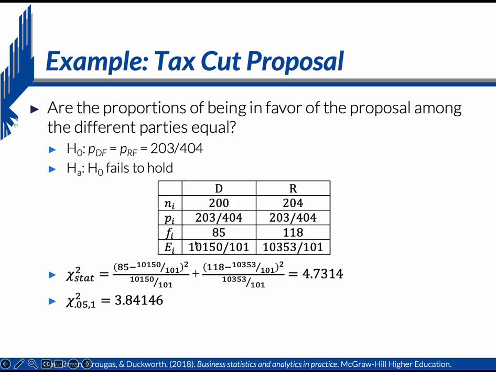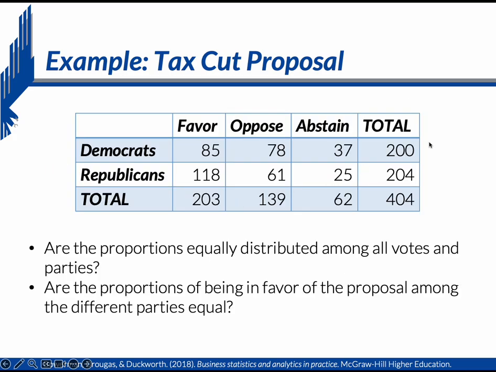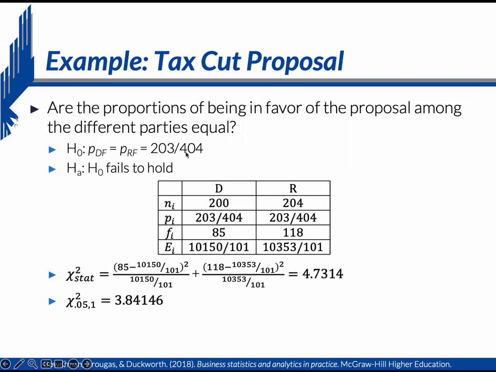So we compute next the expected frequencies for both groups, and again that's the same proportion multiplied by their respective sample sizes. So now the two are different. According to the contingency table, there's a total of 200 Democrats in the sample and 204 Republicans in the sample, and therefore we multiply 203 over 404 by different sample sizes.